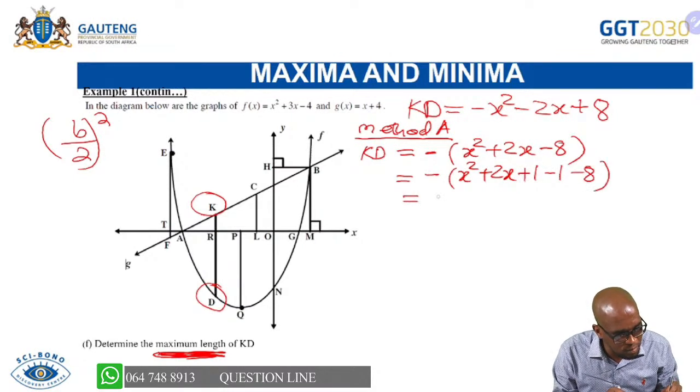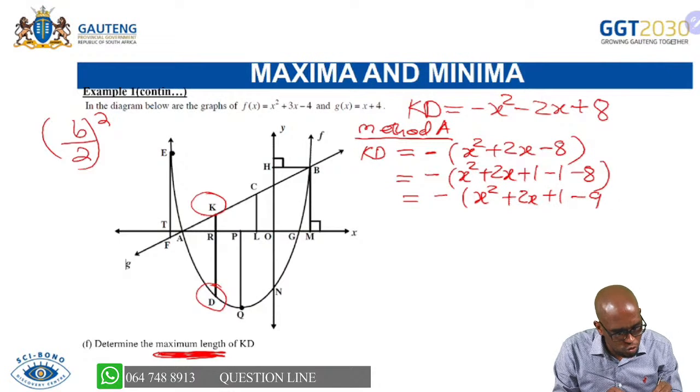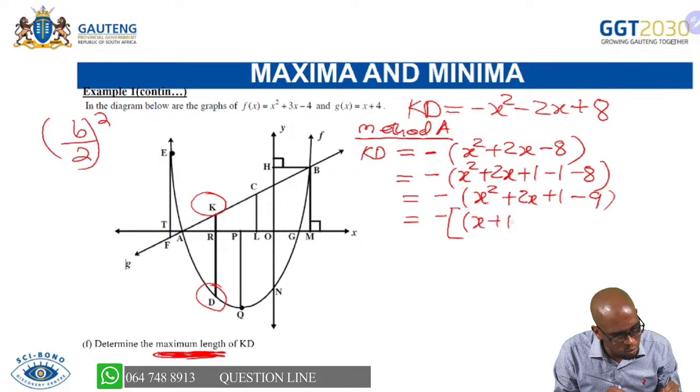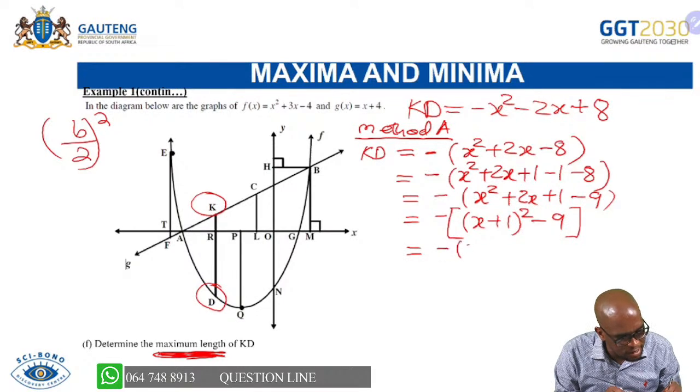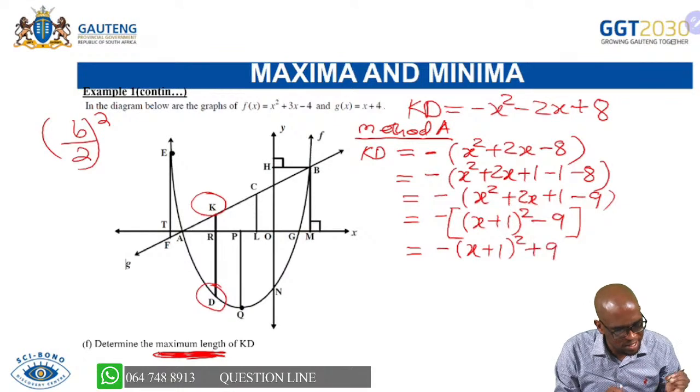So this will then simplify to minus x squared plus 2x plus 1 minus 9. You complete the square. For the first 3 terms, you get x plus 1 all squared minus 9. So if you distribute the negative back, this is minus x plus 1 all squared plus 9.